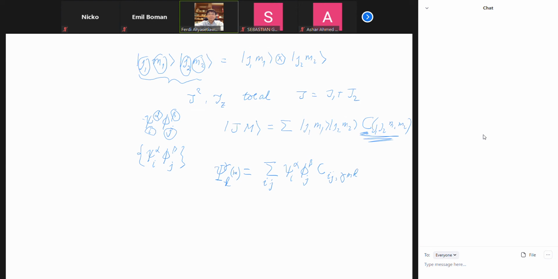So this is my U, but it's the same as the C. So this C is written like this. So it's just linear combinations of these products such that the resulting new bases transform according to the irreducible representations.